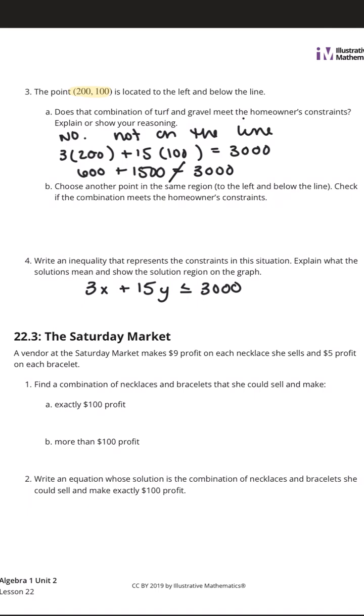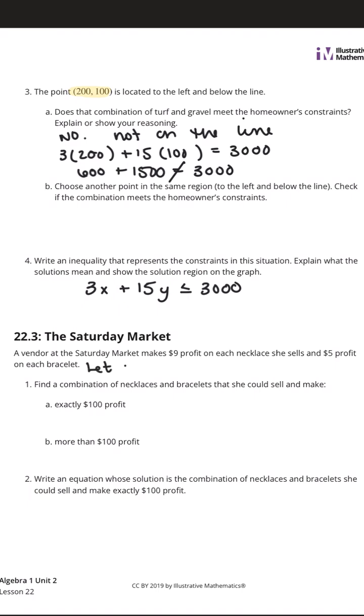For the next word problem, the Saturday market problem, we have a vendor that makes $9 of profit on each necklace that she sells and $5 of profit on each bracelet. So I want you to try this one on your own and then come back and check your answers. But first, let's define some variables.